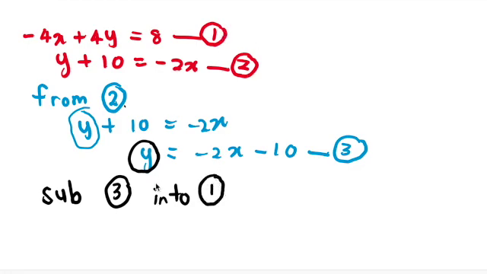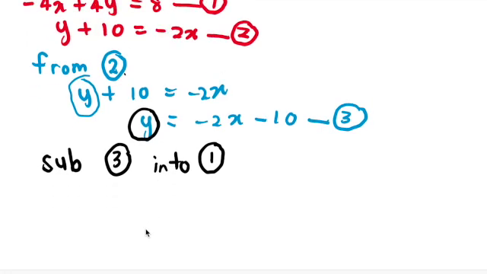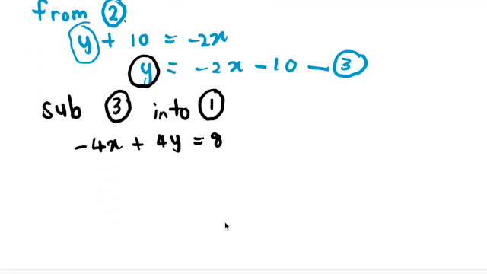Write down equation 1 first: negative 4x plus 4y equals 8. What do we want to substitute? We want to substitute y. The y here, we want to substitute with negative 2x minus 10.